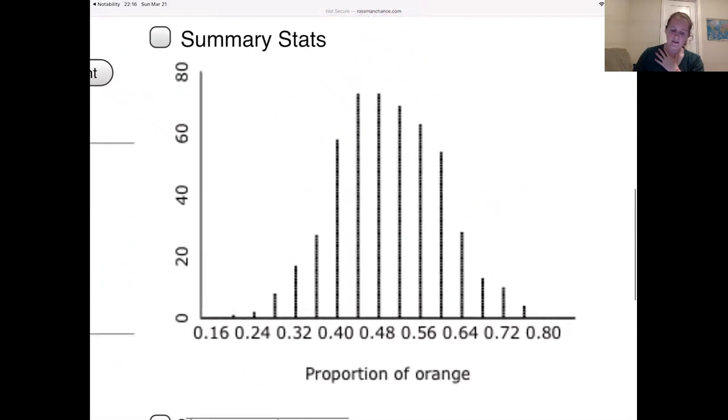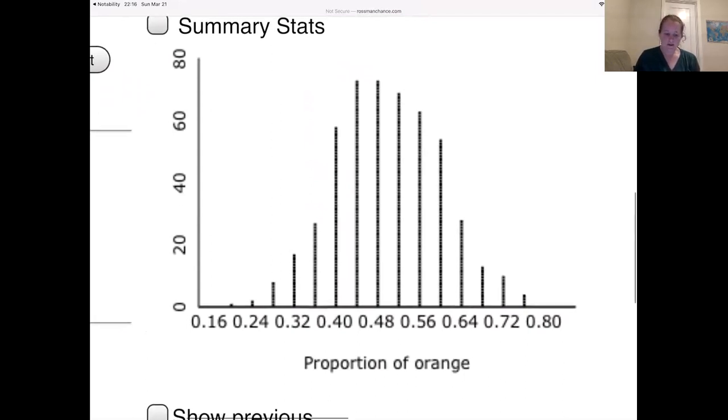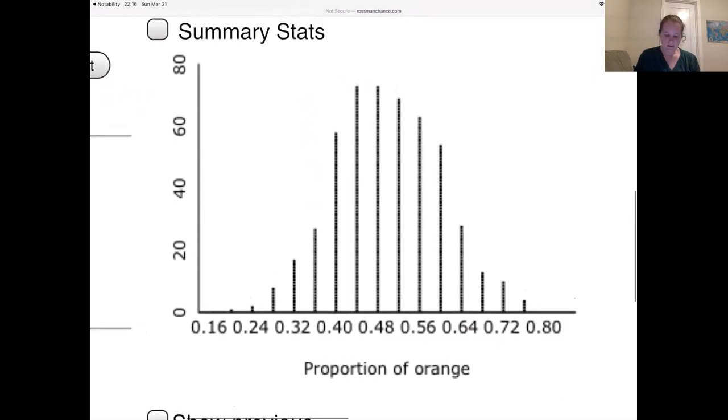And we can see here that most of our samples seem to be between about 0.40 and 0.60 maybe for the sample proportions, but they ranged from 0.20 all the way up to 0.76. So I'm going to take a picture of this so that I can transfer it over.